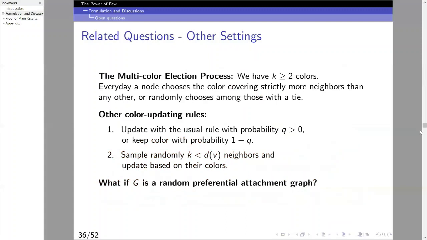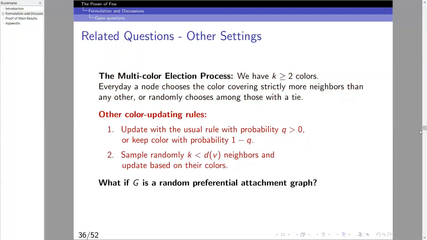And there are a few other interesting settings where we can mix up any few of them and get a completely different problem. The first one is the multi-color version. The rules are the same, we follow the majority, but here there can be more than one majority, so we can randomly choose among them if there's a tie.